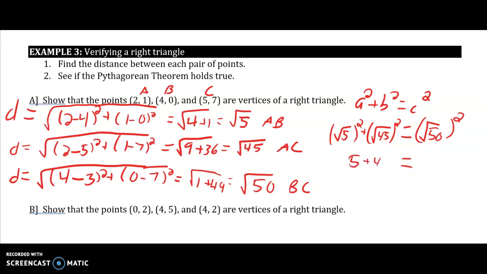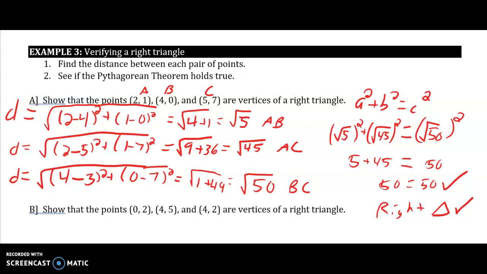5 plus 45 equals 50. You're verifying that it is a right triangle.